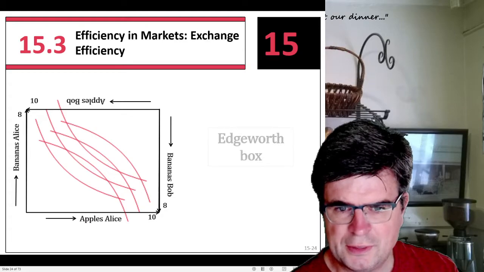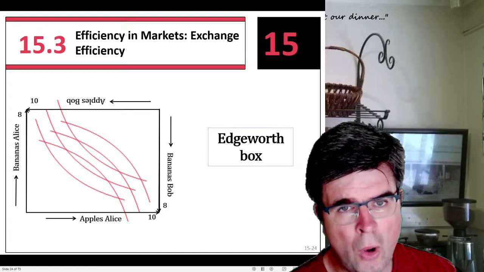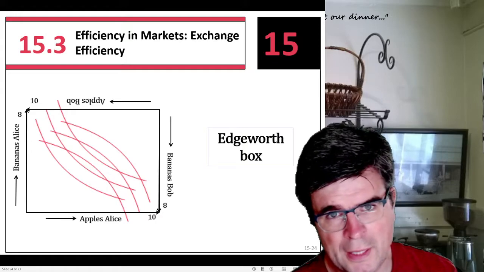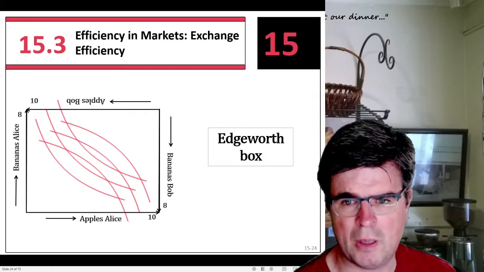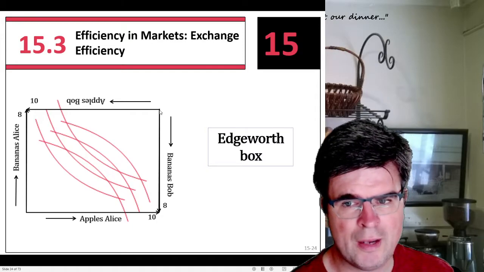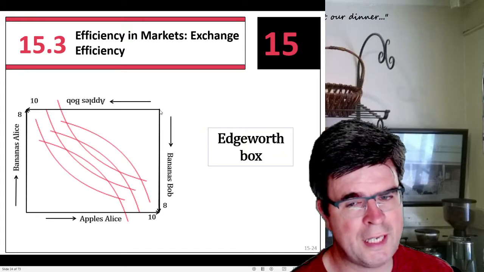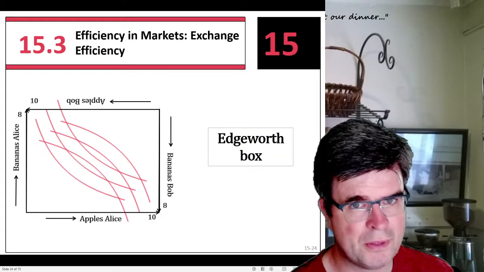So this box, which is called the Edgeworth box, represents all allocations of apples and bananas in this economy that are possible between Alice and Bob. So for example, at this point over here, you have the allocation: Alice has 8 bananas, Bob 0. Alice has 10 apples, Bob 0.